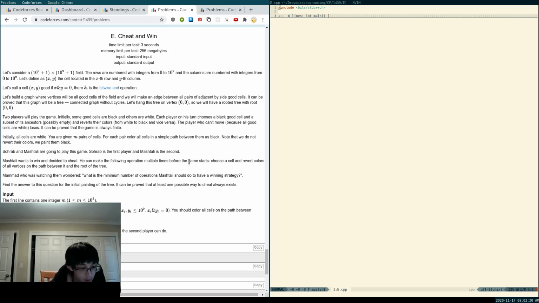Okay, so let's just analyze this problem. Subset of its ancestors and reverts their colors. So any node, you take the max of this subspace.